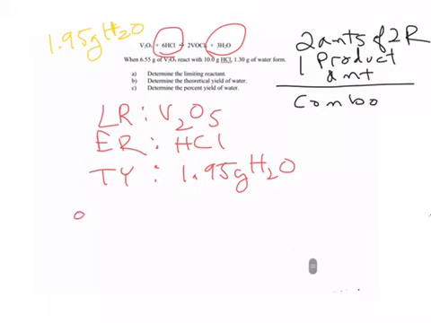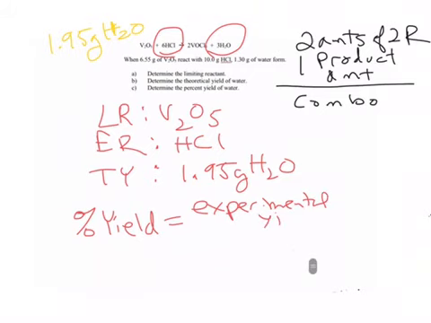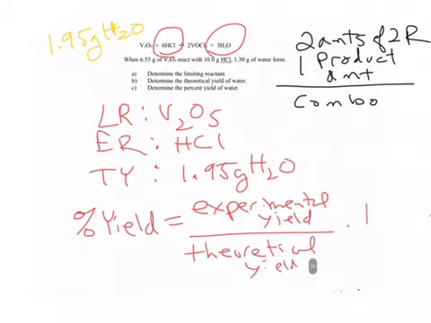And as we know from a previous video, percent yield is going to be experimental yield divided by theoretical yield times 100. So in this case, this was our experimental yield.